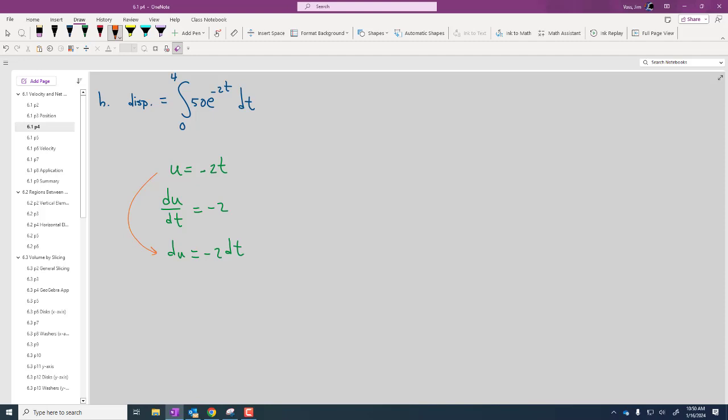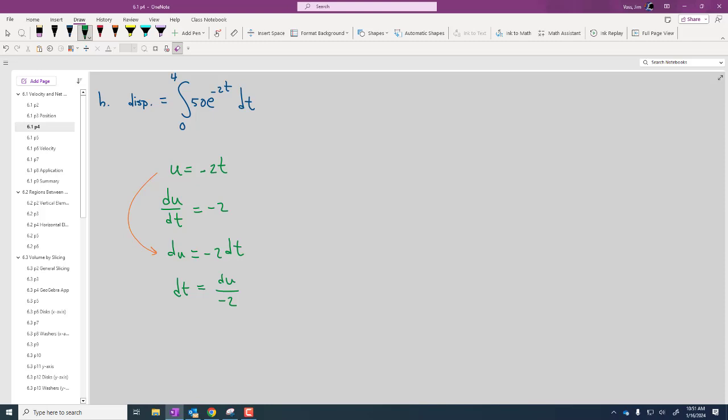So with substitution, you have to substitute for the variable, and you have to substitute for the differential. So that's going to be our step there. That is going to be how we can turn the dt into a du. So one more step here. If we want to isolate the dt, we're going to write the isolated dt as du over negative 2.